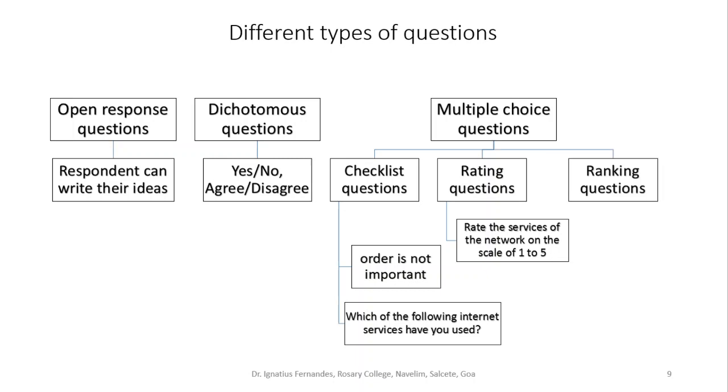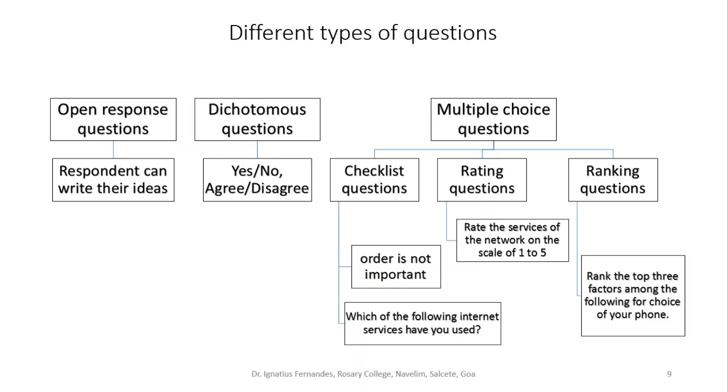There are also ranking questions, where you try to rank someone. Here also there is an order involved. Now these are similar to checklist questions, except that you are trying to rank, so there is some sort of order involved. Rank the top 3 factors among the following for the choice of your phone. These are different from rating questions, where you rate on a scale of say 1 to 5 or 1 to 10. Here you're trying to rank.